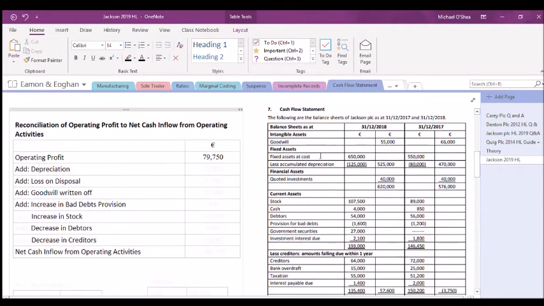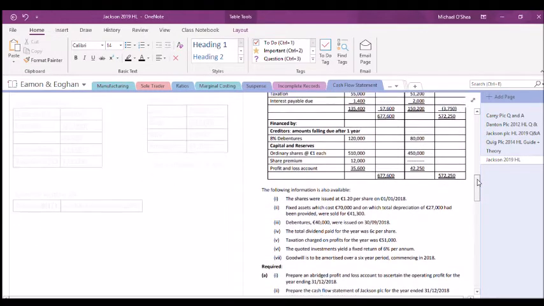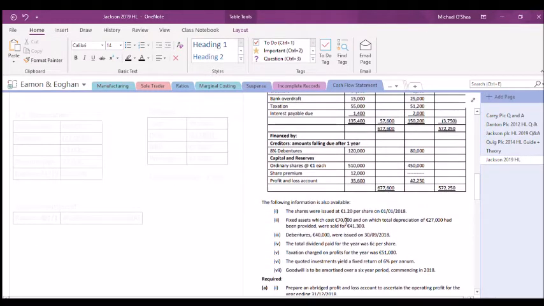So my depreciation. How do I get my depreciation for the year? Well, I have a bit of information here on depreciation. I have 80,000 from the beginning of the year and I have 125,000 from last year. But if I look through the bottom of the question, it tells me that I had assets costing 70,000, which had a disposal amount of 27,000.